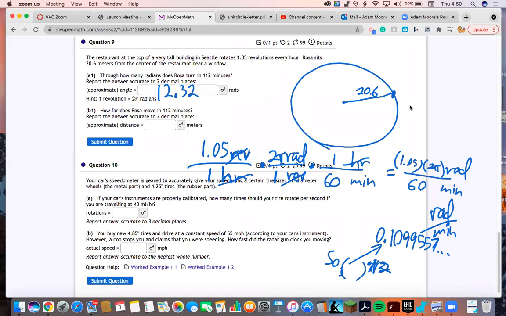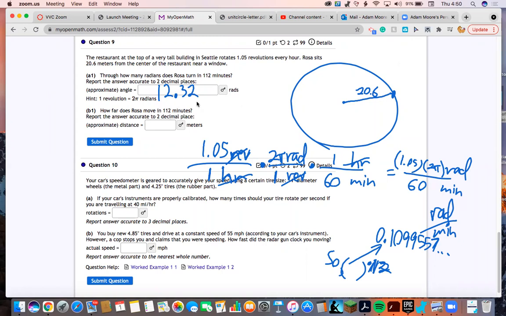Radians are kind of vague if you don't define them well, if you're not thinking about how big the radius was. But if we want to put it into common linear units that are consistent, because radians are big and then they're small, we ask how big the radius is.